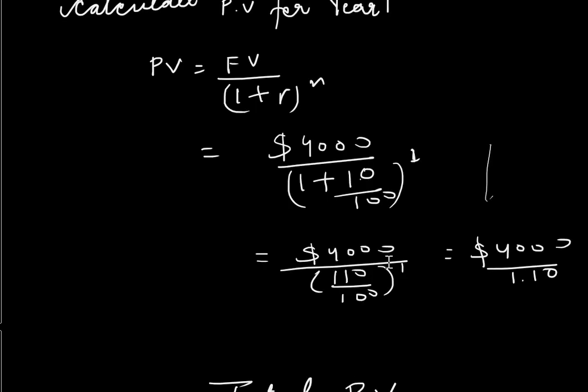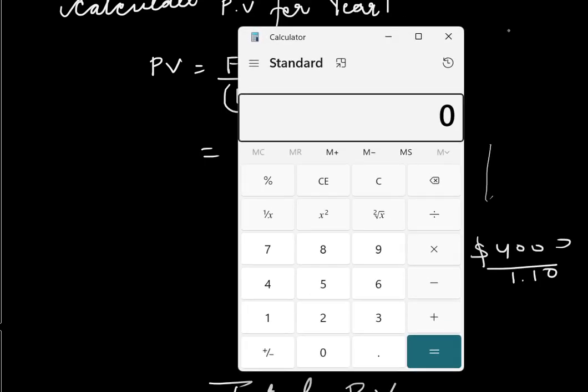So the present value will be, you can simply do it with the help of a calculator. You don't have to do anything very complex. See, you have 4,000 of future expected cash flows, and you have to convert that.